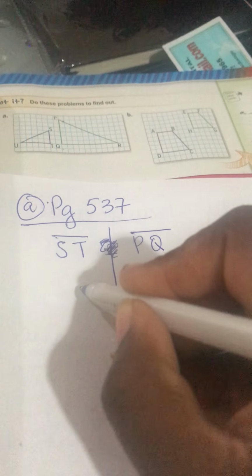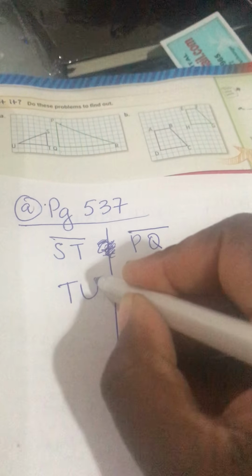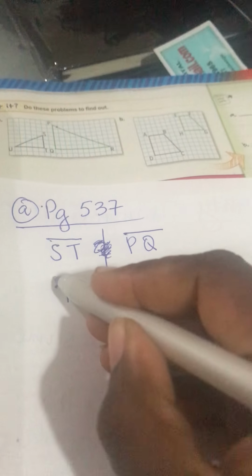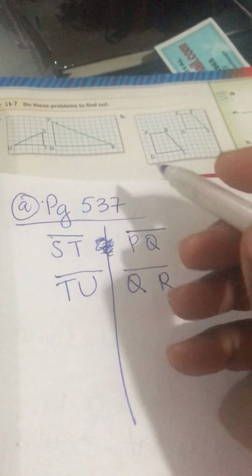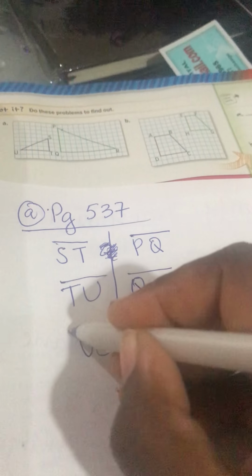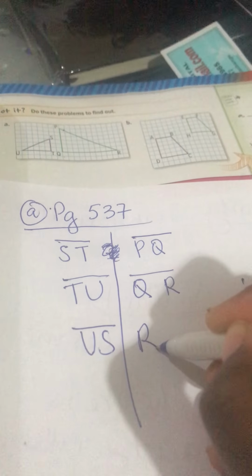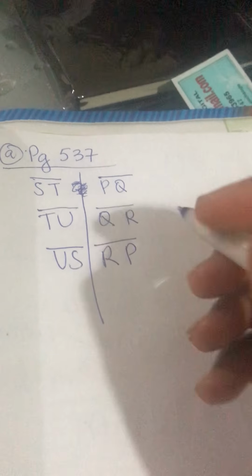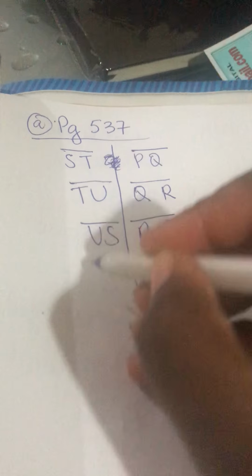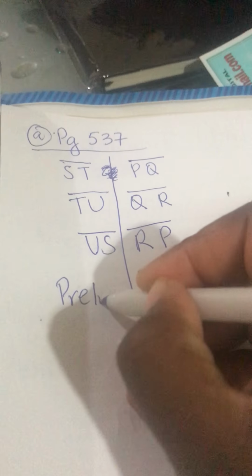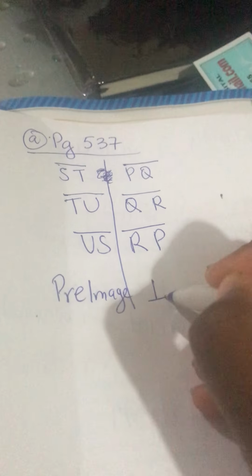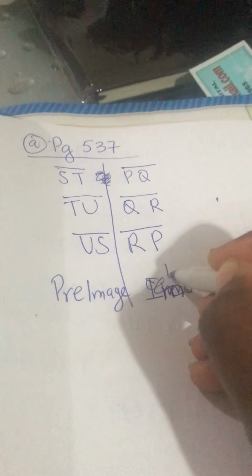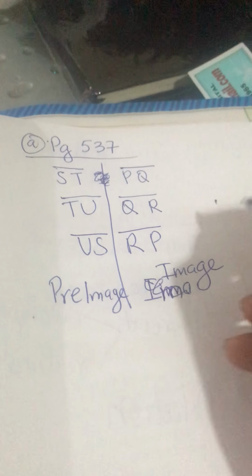And then TU, QR. And then US, RP. Okay? So this is your pre-image and this is your image.